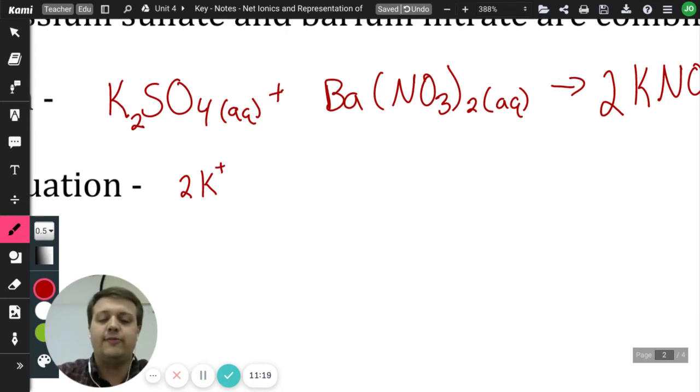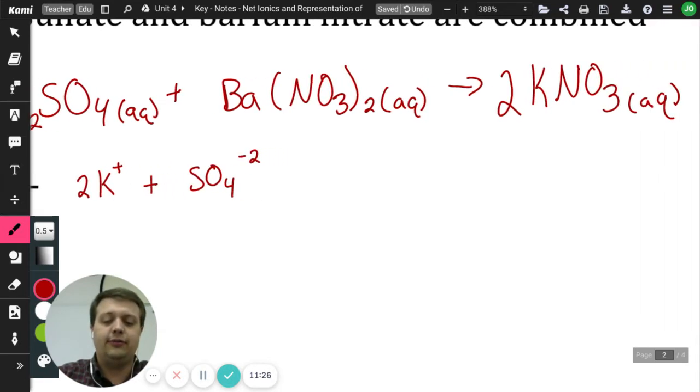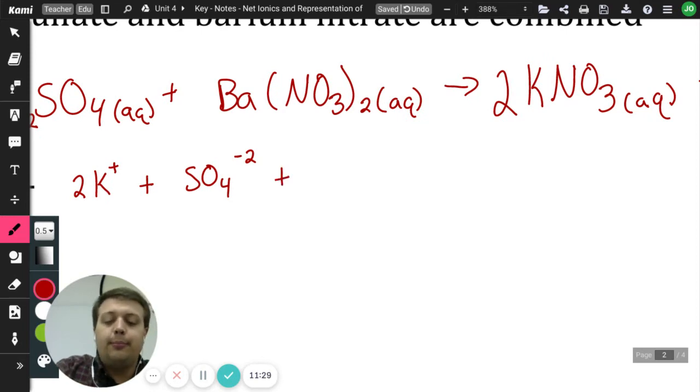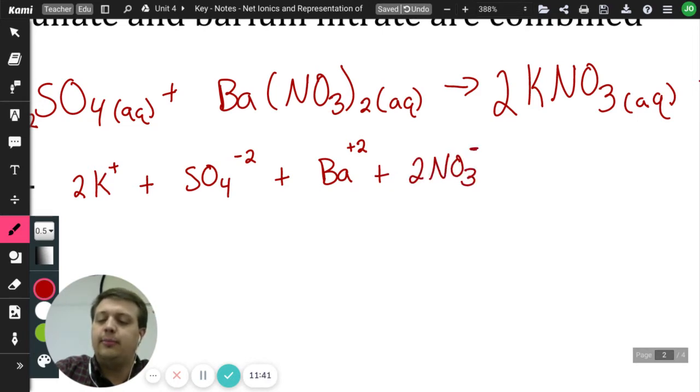So potassium has a positive charge, plus 1 sulfate ion, sulfate's a -2, plus barium, we know it's aqueous, so plus 2, and 2 nitrates, they've got a -1. And one thing we should be going back in and doing is putting what state of matter this is in. So this is aqueous, so we're just putting AQ there. It's just dissolved in water.